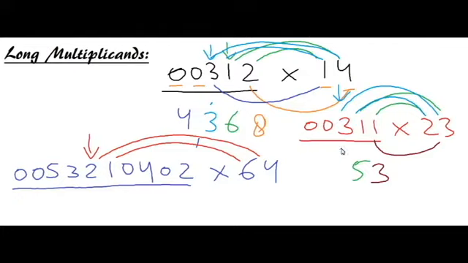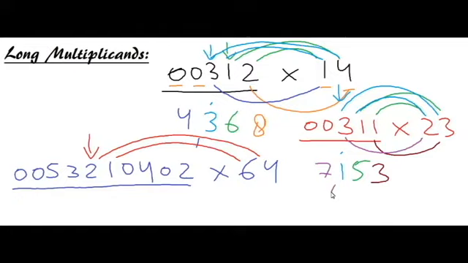For 11 we'll write dot 1, and then because we reached the last digit, we just do leftmost with the leftmost. 3 times 2 is 6 plus this dot makes it 7, and our answer is 7153.